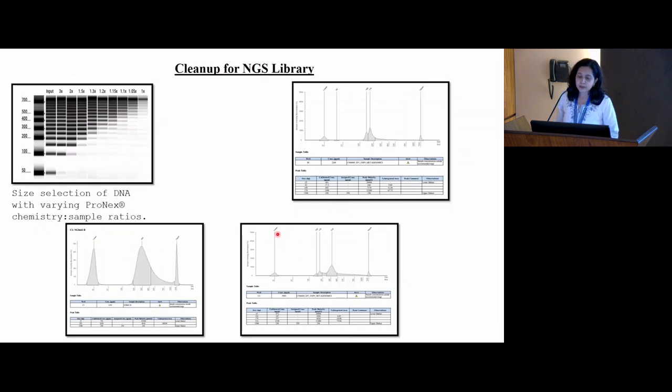Cleanup of the library is the next step. Once the library has been made, you have to clean it, because a number of adapters or unwanted amplified products will be there, and your master mix contents will be there, so we have to clean those up. If you wish to keep anything around 300 base pair, then for removing everything below that, you have to do at least a 2x cleanup to remove the rest of the impurities.